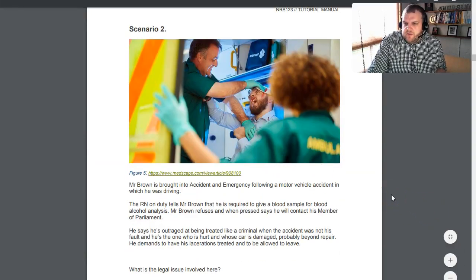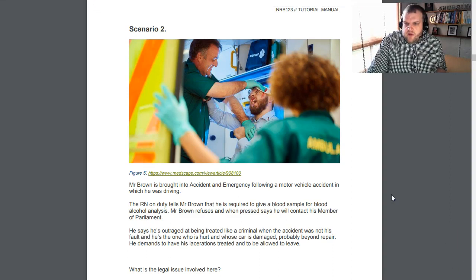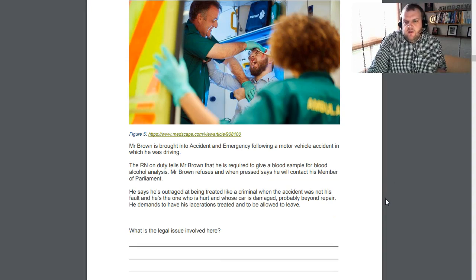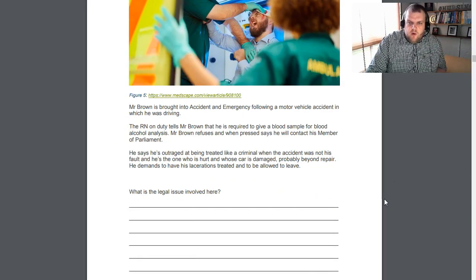So scenario 2 is about an MVA with a guy who needs a blood sample, and it's about when consent is actually not necessary. A person can be required to give a blood sample, and you can talk about how it's not really our role to hold the patient down and take the blood sample without consent, that it involves the police and possibly security or whoever to be able to get that sample.